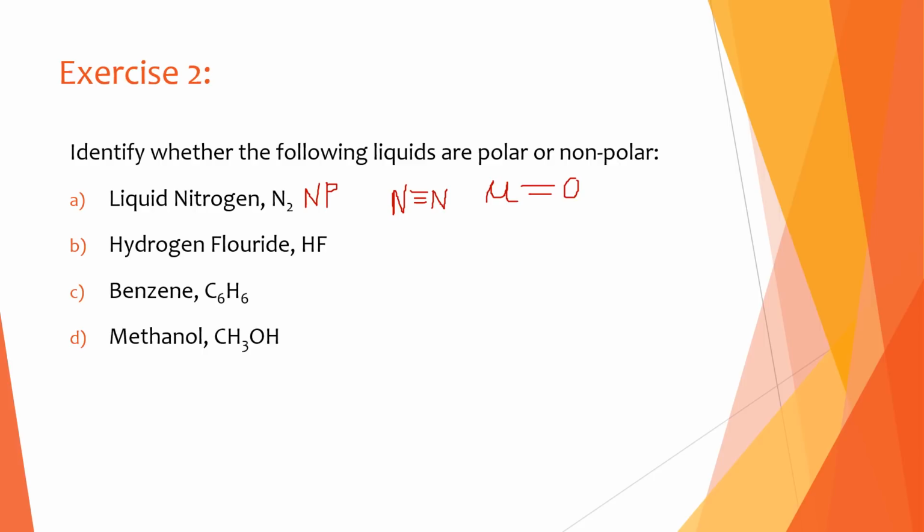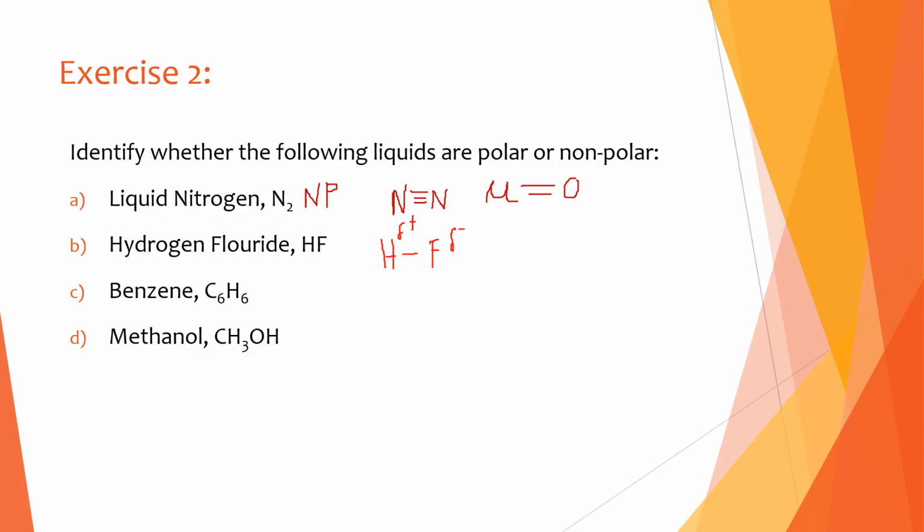Next, you have hydrogen fluoride, HF. For hydrogen fluoride, the Lewis structure will have a single bond between hydrogen and fluorine. First thing first, check whether it is a polar bond or not. Hydrogen fluoride contains a polar bond because fluorine is more electronegative than hydrogen. So fluorine will become partially negative while hydrogen will become partially positive.